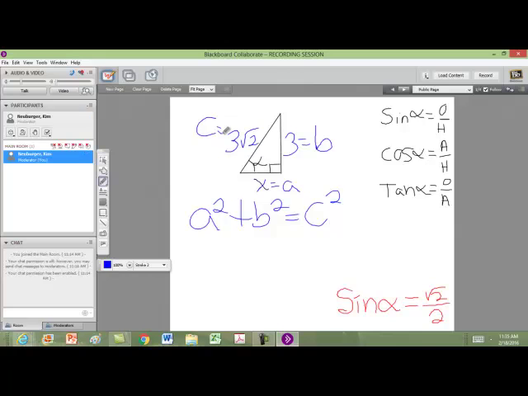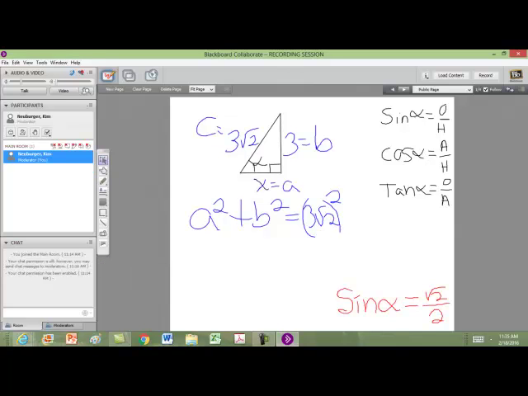So we can take the 3 square root of 2 and replace it for our c here. We can take the x and replace it for the a, and the 3 and replace it for the b. So let's go ahead and do that. I'm going to take the c and replace it with 3 square root of 2. And I'm going to put parentheses around that. That way we know that we're squaring the entire thing.